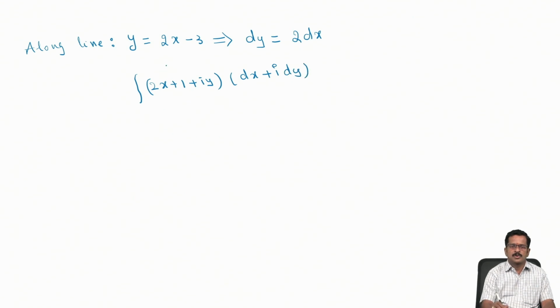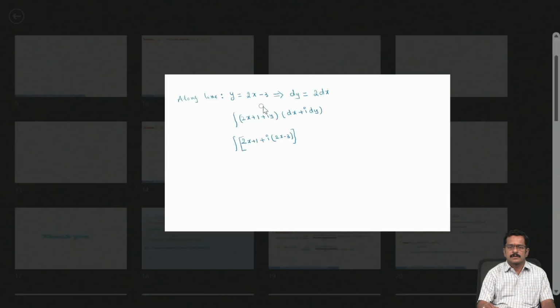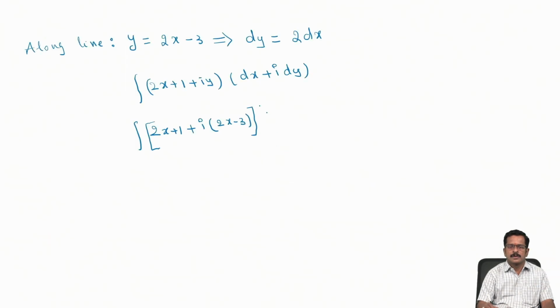Substituting y by 2x minus 3, we get integration of (2x plus 1 plus i into (2x minus 3)) dx plus 2i dx. I reduced the double variable integrand into a single variable integral in terms of x.